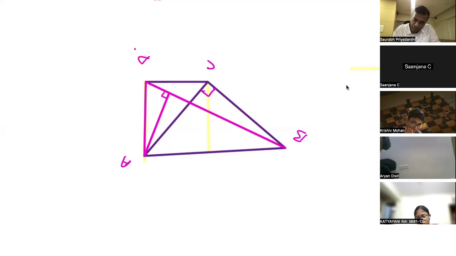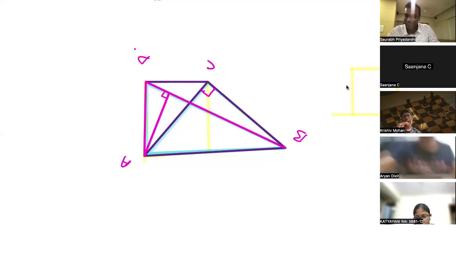If two parallel lines are given, and from anywhere I draw a perpendicular line, the perpendicular distances will always be equal, right? So one triangle is ABD, and the second triangle is ABC, with the same base and the same height.